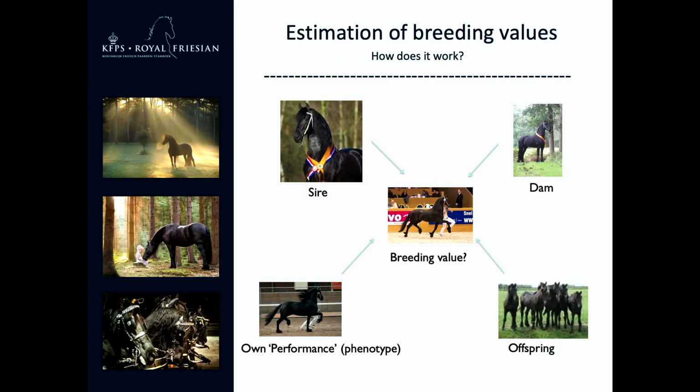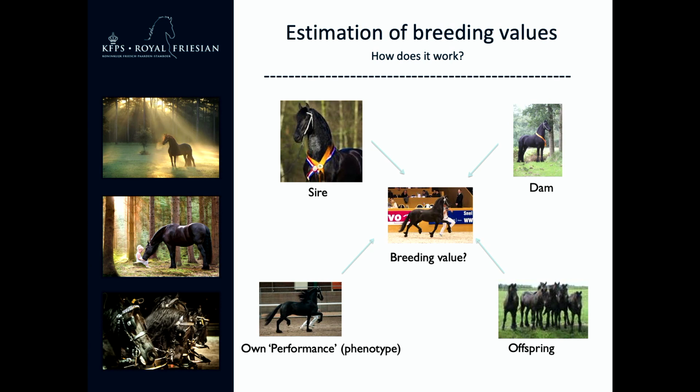So now I try to explain the reason why breeding values are better than predicates. Well, if you look at the predicates, you only look at the conformation and the movement, or the IBOP or the ABFP of the horse itself. And with breeding values, you also include the genetic value of both sire and dam. So you include the pedigree.